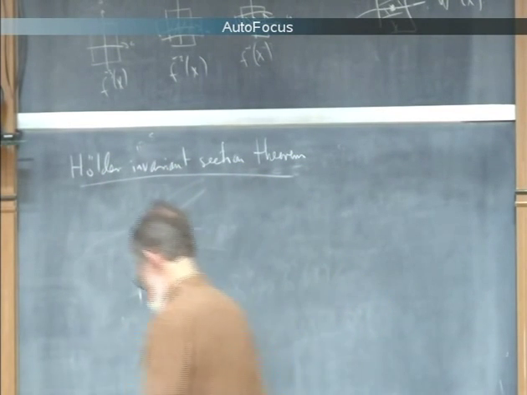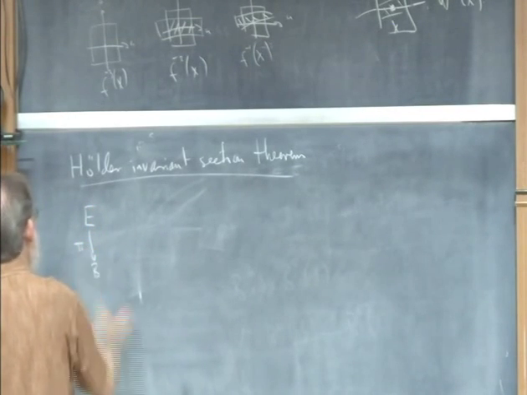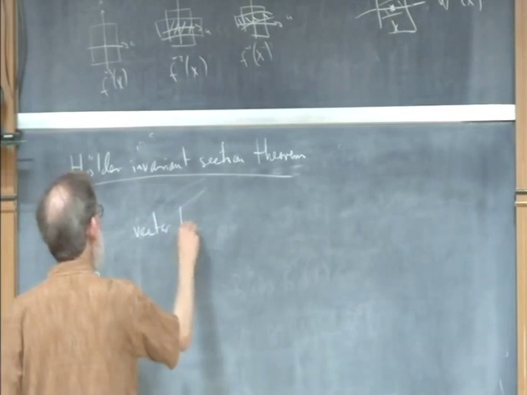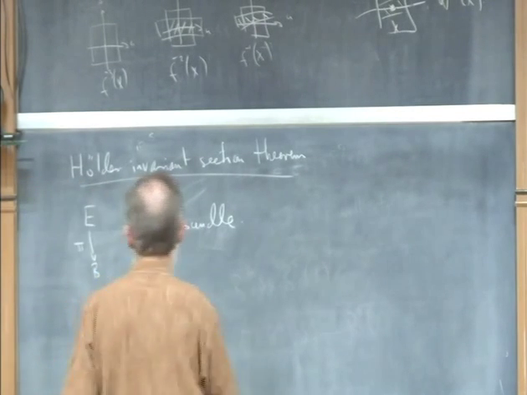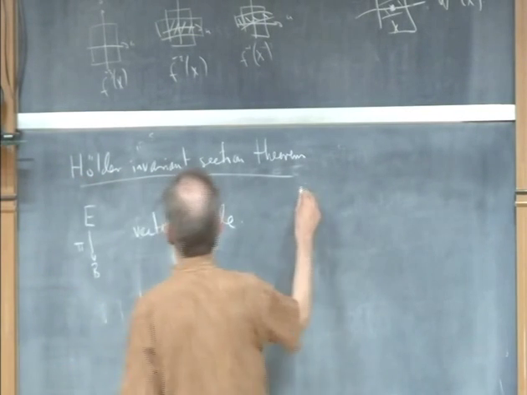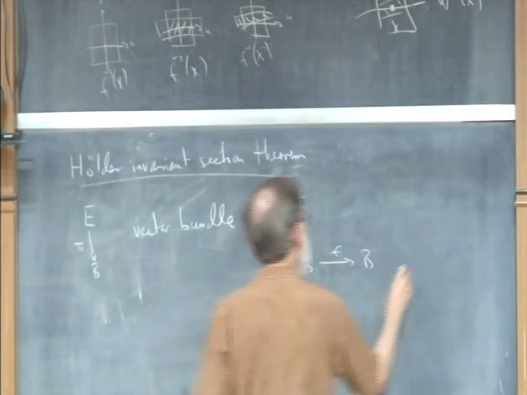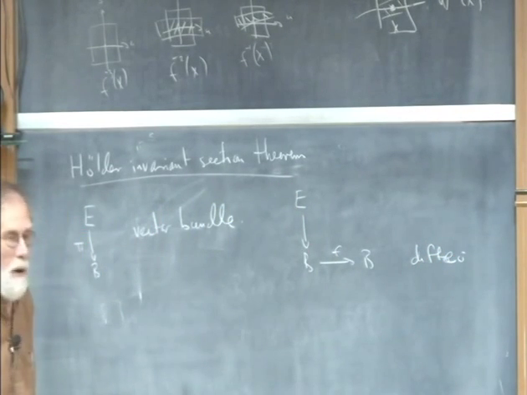So I want to have a vector bundle. And then I want to have a diffeomorphism at the base of my bundle.